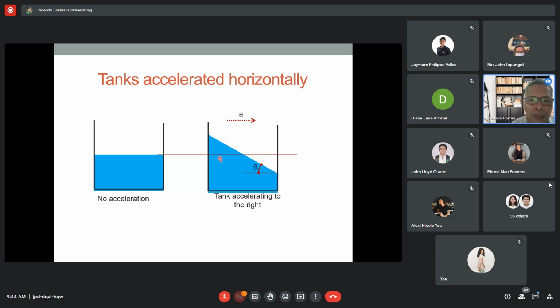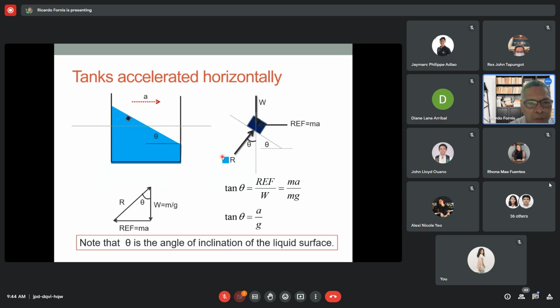For the analysis, what we will do is consider a liquid particle on the surface. If we consider a liquid particle on the surface, as an example, we isolate it here. We consider all the forces acting on this particular element. The forces are the weight of the element, W, and the reaction offered by the neighboring particle.